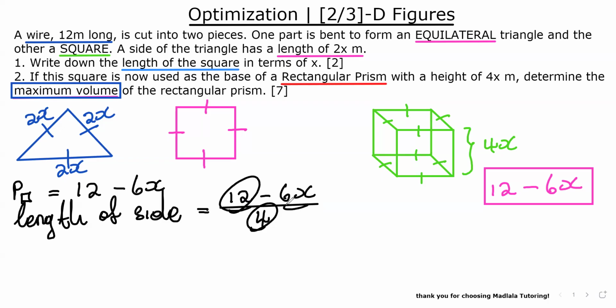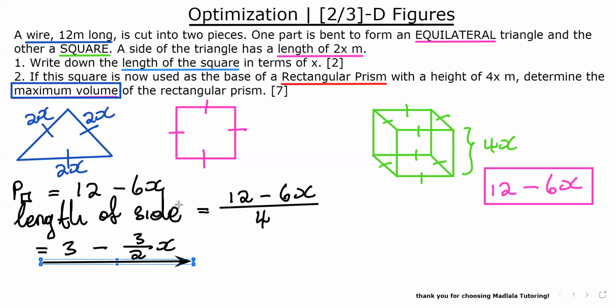And of course, if you separate the fractions, you'll say 12 divided by 4, which is going to give you 3, and 6 divided by 4 is 3 over 2. So you can just say you have 3 over 2x there. And this is the length in its simplest form. And you have your two very nice and beautiful marks. Not all bad, guys. You're now working for 7 marks out of 9.